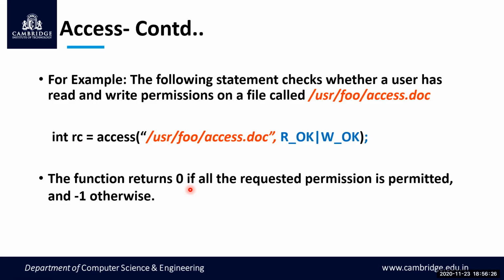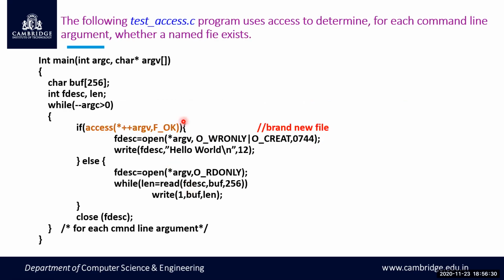Let's check an example here. I'll just execute and show you this example. It's an int main. I have to specify all the relevant header files, and the buffer I've taken. I'm using a while loop, which means I'm taking n number of arguments here.